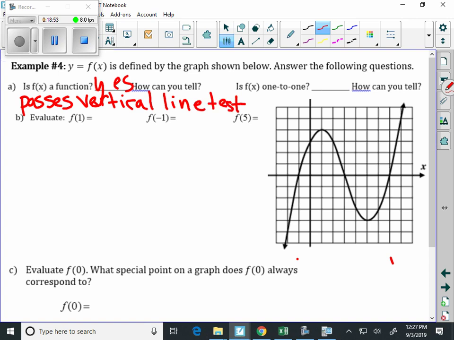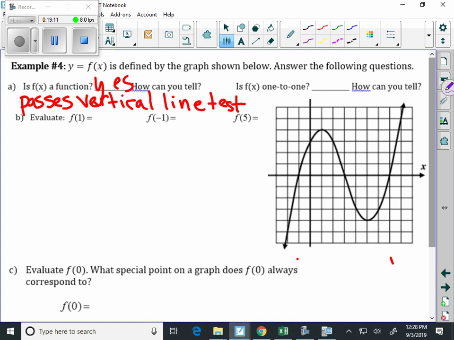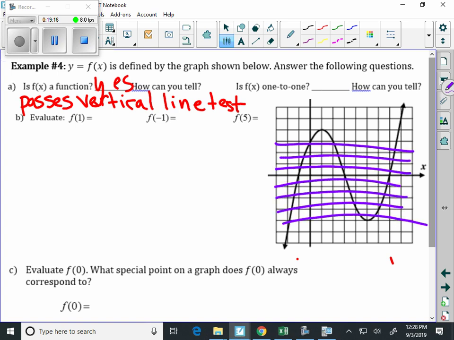Still looking at the same picture, it is a function. Is this function one-to-one? What you may remember from previous notes is when we're looking at one-to-one, we did this. And the question is, will any horizontal line touch the graph more than once? Well, it does. For instance, here, here, and there.